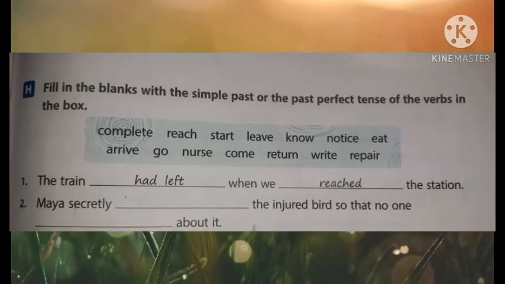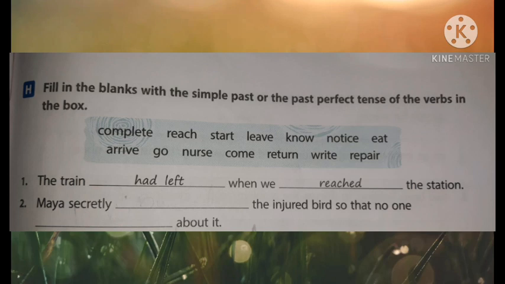We have some textual activities related to this. Let's do it now. Page number 89, activity H. Fill in the blanks with the simple past or the past perfect tense of the verbs in the box. What is the form of simple past? Subject plus V2.